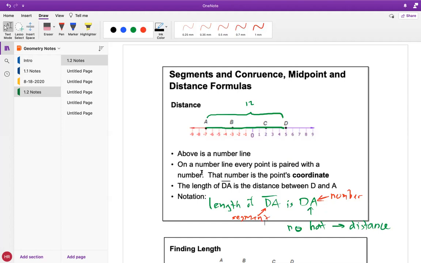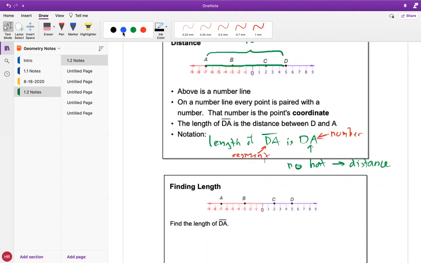Like you might say, I'm 5 feet 11 inches tall, but you never say I am 5 feet 11 inches. There's a difference between the thing that you're measuring and the number that you get when you measure it. That difference is indicated by putting a hat on DA for the segment and not putting a hat on it for the distance. So that's kind of important. I'll put a star next to it. Don't forget that this is the number and this is the segment.